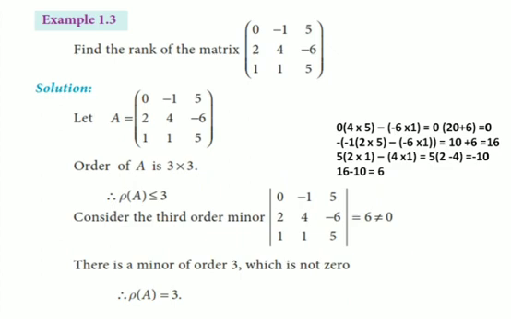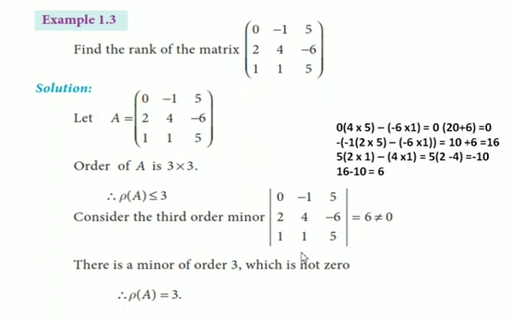Next example, in the same way you are going to find the rank of this matrix. Take it as A. It has 3 rows, 3 columns, so it is a 3 into 3 matrix. Therefore, rank of A is less than or equal to 3. Consider the third order minor. First you take this row, this column, 4, minus 6, 1, 5.